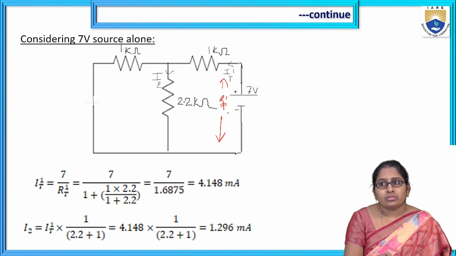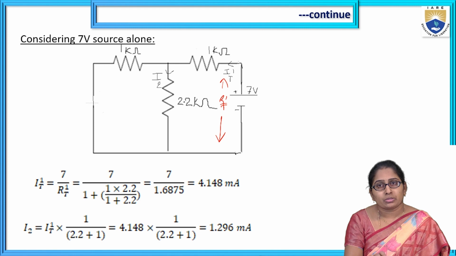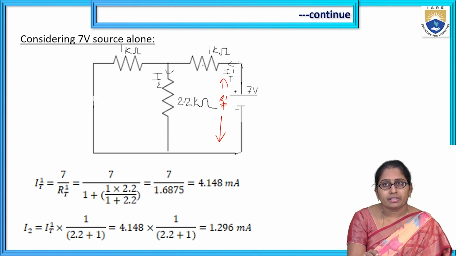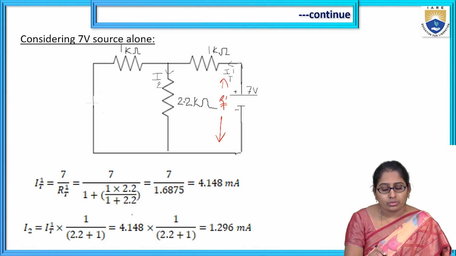How to find the total resistance here? Start reducing the circuit from the opposite side. The 1K and 2.2K are in parallel, then the equivalent of these two will be in series with the 1K. So that is what is substituted.